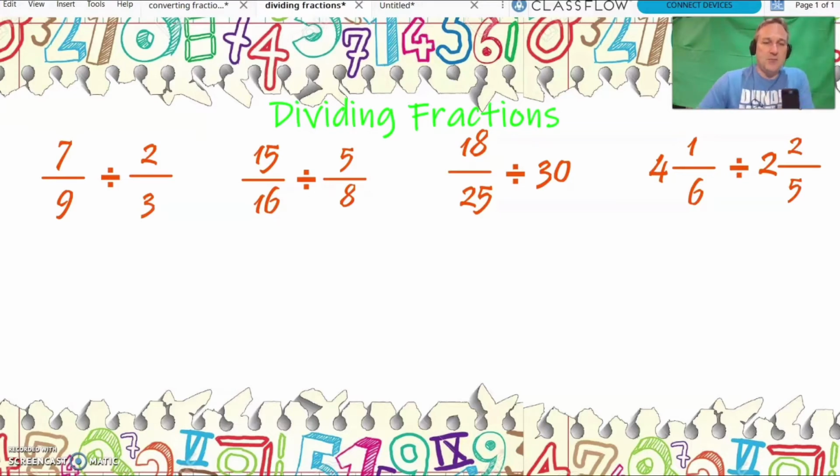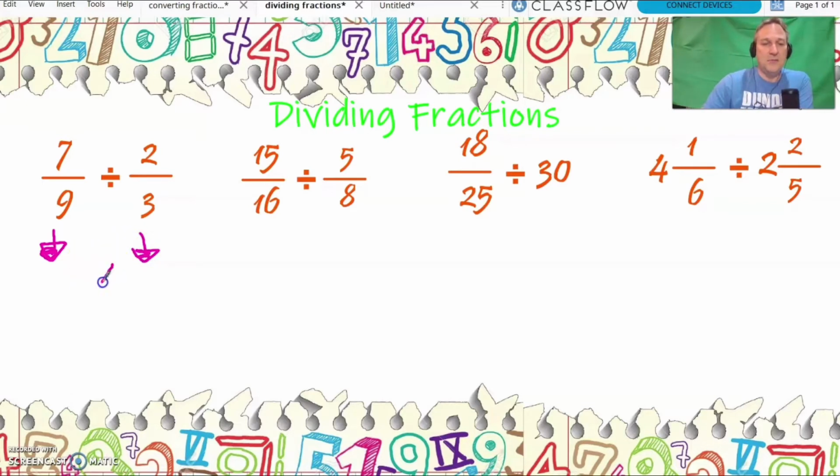So in this first problem over here on the left, I have 7/9 divided by 2/3. What we're going to do is convert every problem we do into a multiplication problem. So we're going to take 7/9, and we're going to do a little switcheroo here.